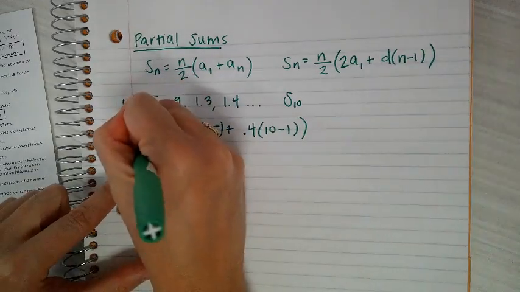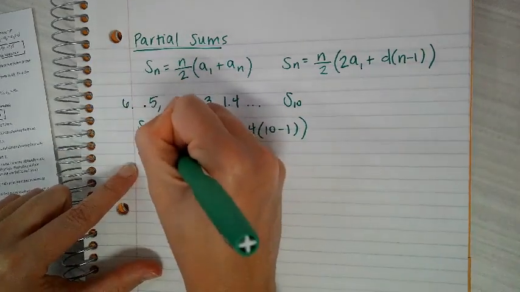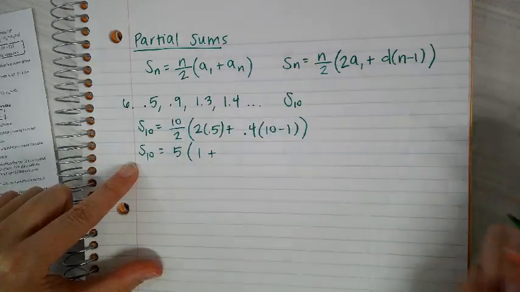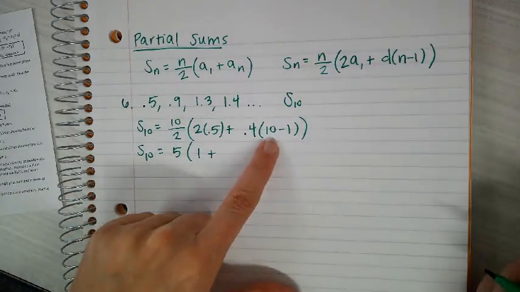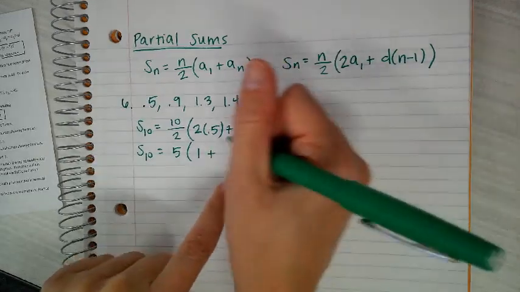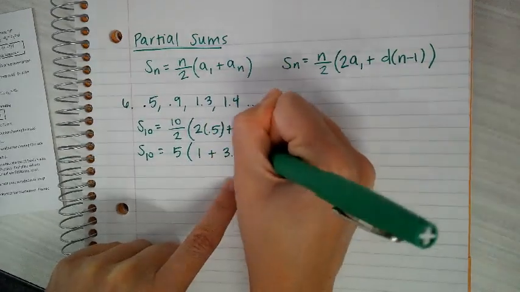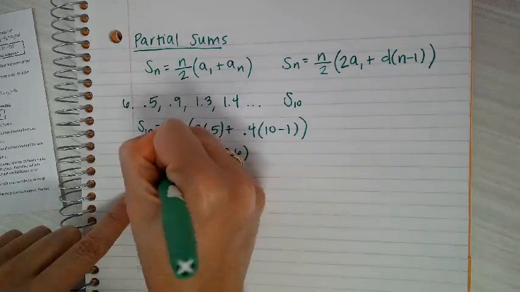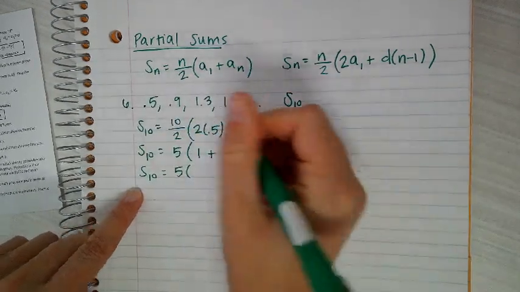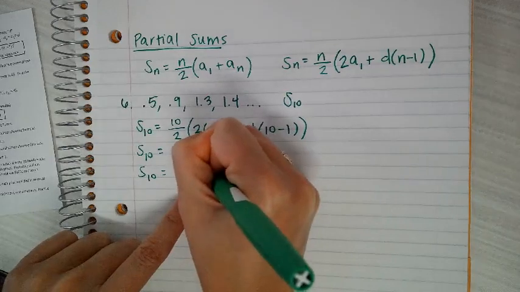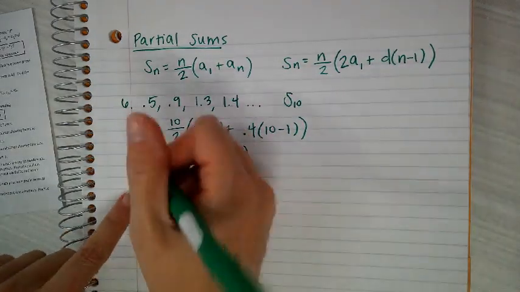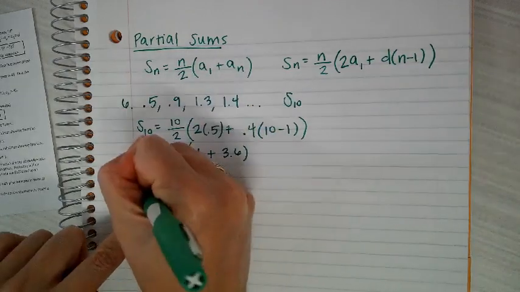And then we can go ahead and work this out. So that's going to be 5 times 1 plus 0.4 times 9. So 4 times 9 is 36, so this is going to be 3.6. And so the sum of the first 10 is 5 times 4.6. And then we could work that out, or you can go to your calculator.